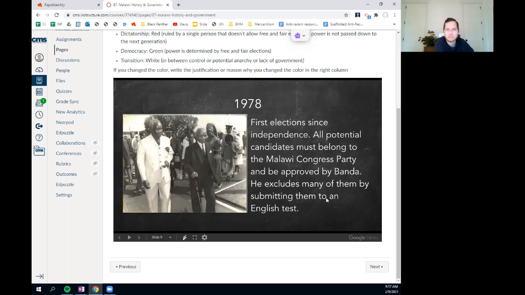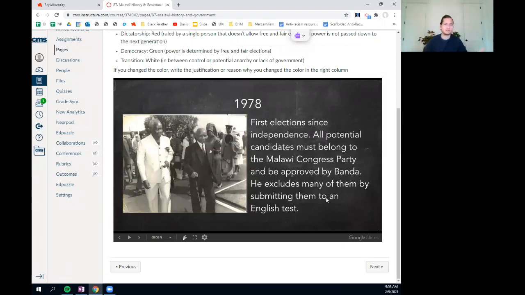They have elections. Yeah, no, it's still one party. And you have to be approved by the president. You have to pass an English test and you have to belong to his party, which he's the leader of. So even though there's an election, he would probably say, hey, yeah, there's an election.